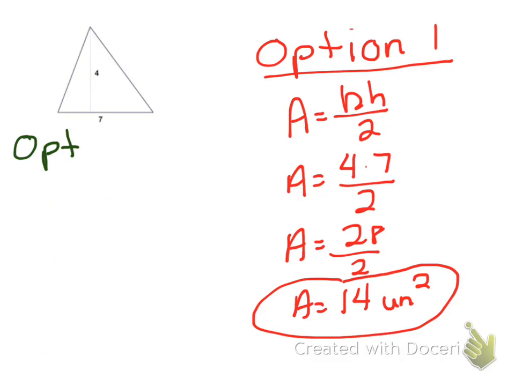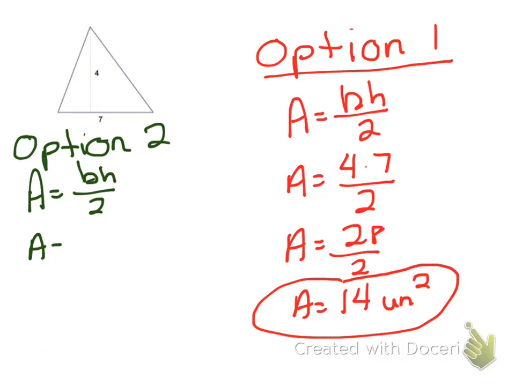Okay, if I look at my second option, I'm still going to stick with the same formula, base times height divided by 2. And I'm still going to have the same base and the same height, so 7 and 4. Now the only thing that I'm going to do differently is cross simplify, or basically simplify my even number and divide it by 2.